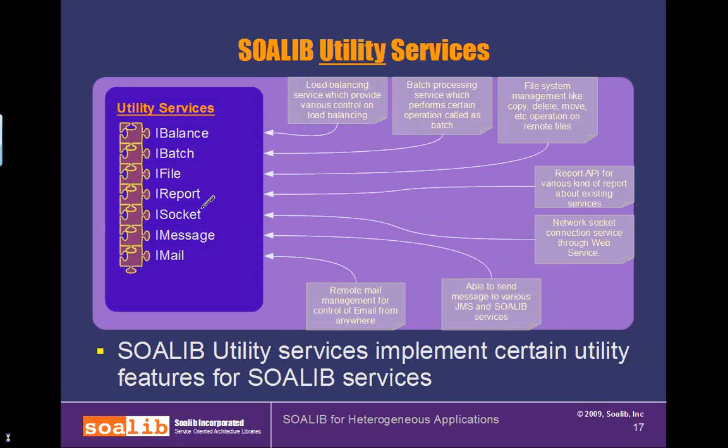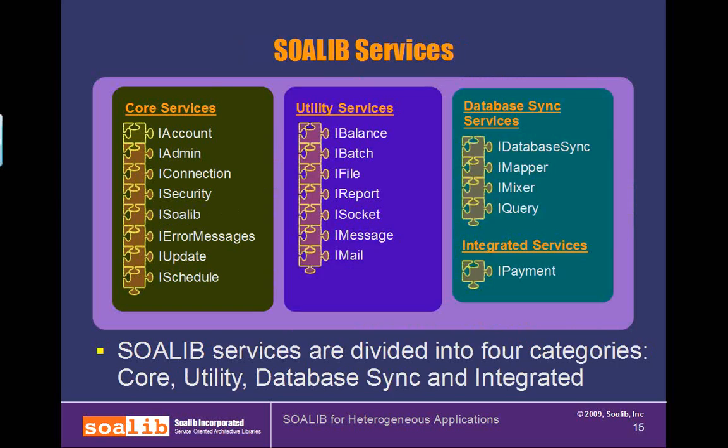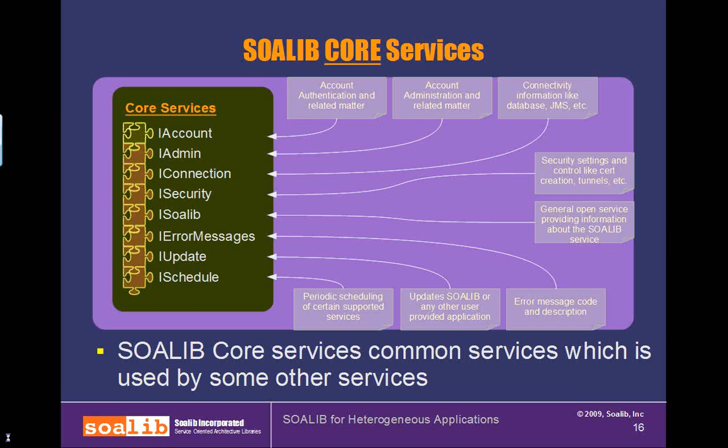SOALIB is a general purpose API to see what services are available, what is the version, and what is the URL to consume the service. iError messages is a service that I already explained.